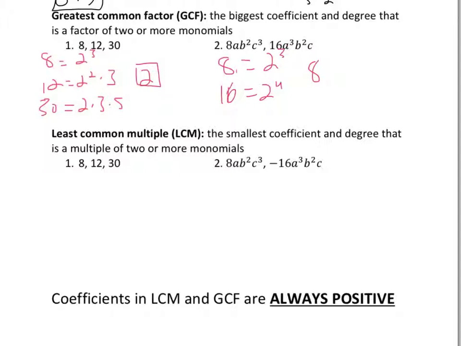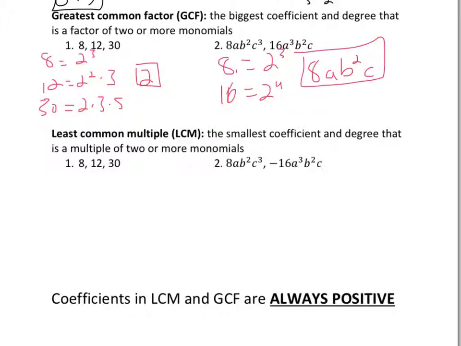Now, for the variables, you just have to make sure that the variable is common to all of your terms. Since a is common to all the terms, you pick the one with the smallest exponent, the smallest degree. So just a, and then b squared, because there's a b in both of them and squared in both, and c is by itself like that. So that's the greatest common factor of that one.